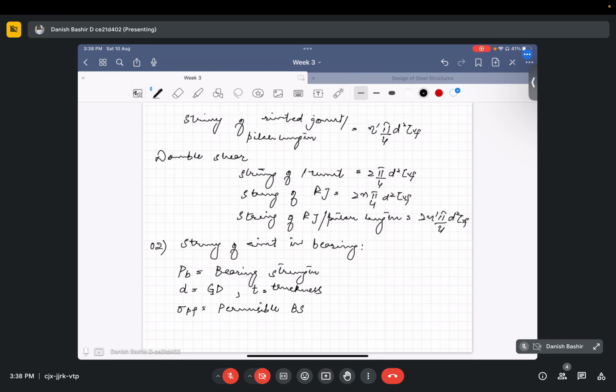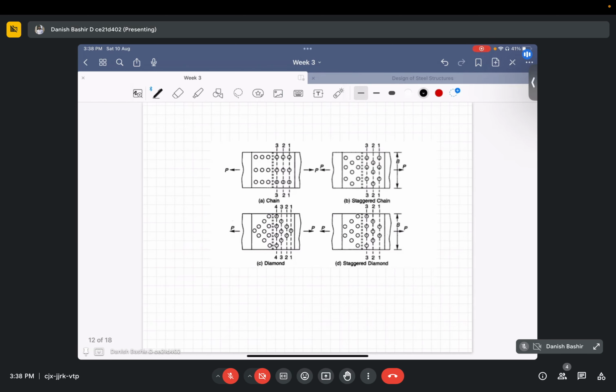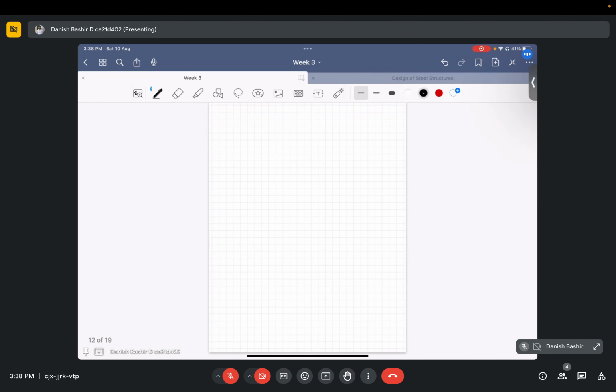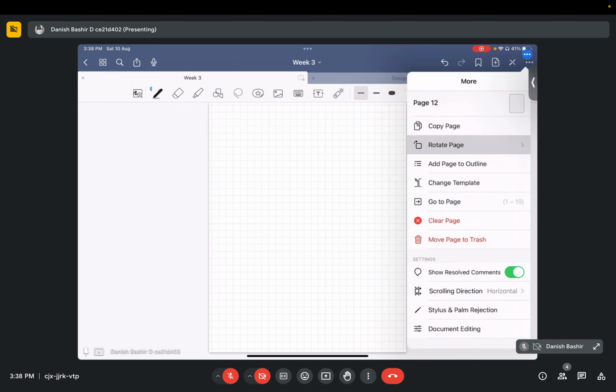And n, the total number of rivets, and n dash, the total number of rivets per pitch length. Similarly, whatever we did in shear, we have to do the same exercise here.